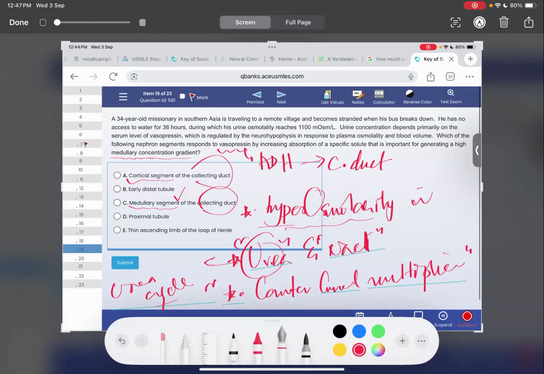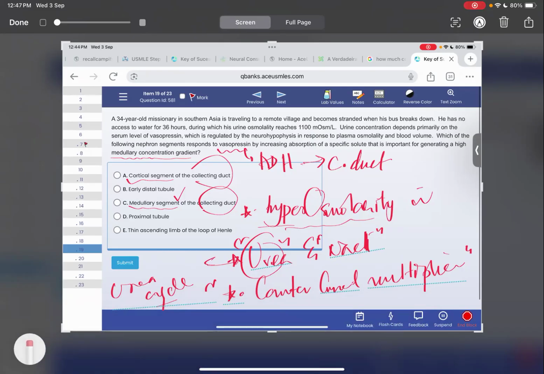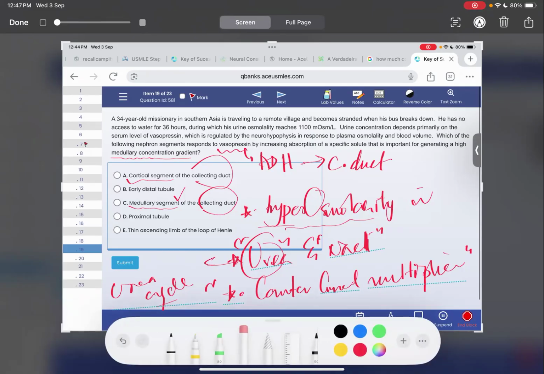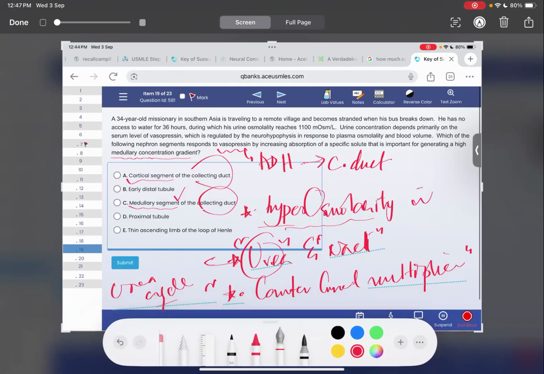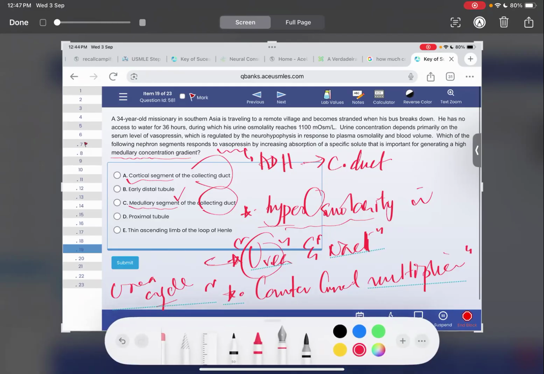Can you come again? I didn't understand. We were saying, who is responsible for making the medulla hyperosmolar? The osmolarity in the medulla goes to 1200.